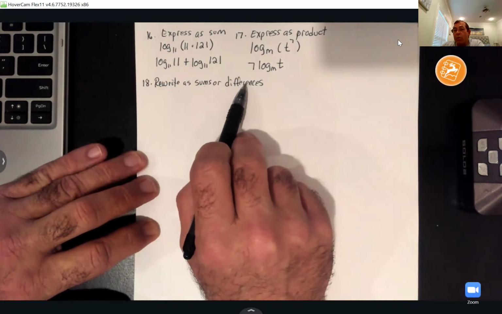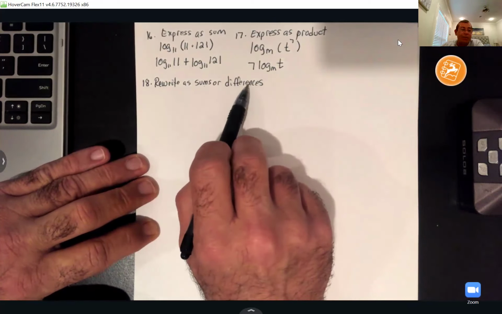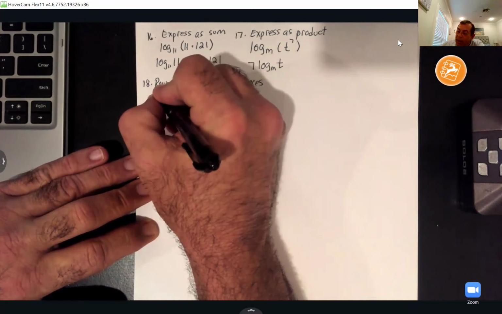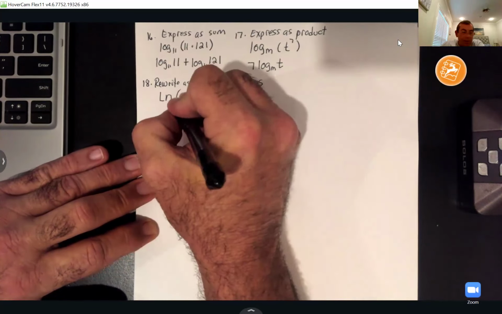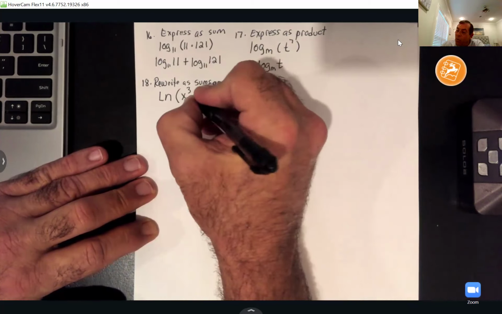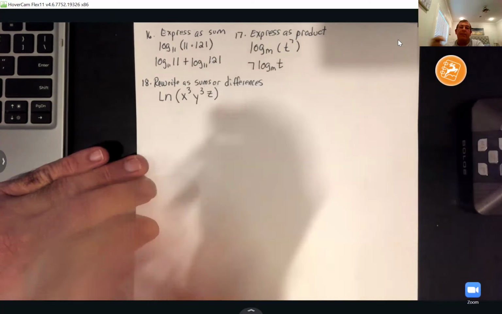If it's a quotient like a fraction, we'll rewrite those as differences. So here's what they're giving me. They're giving me a ln of x to the third, y to the third, and a z.